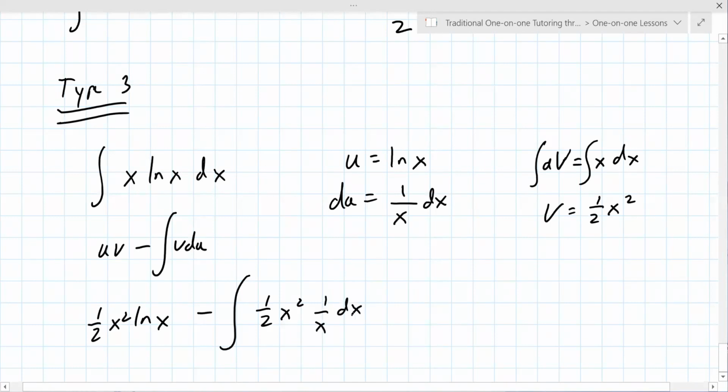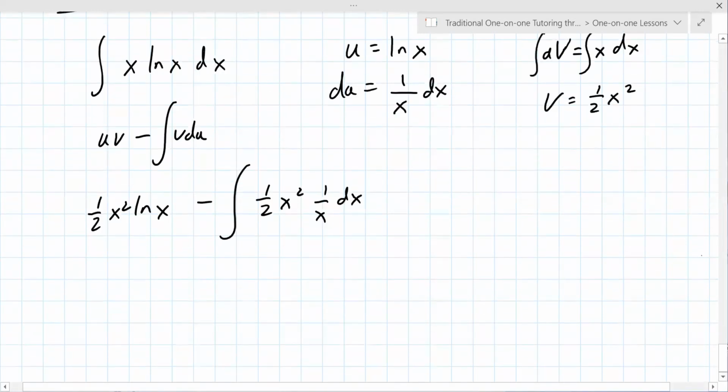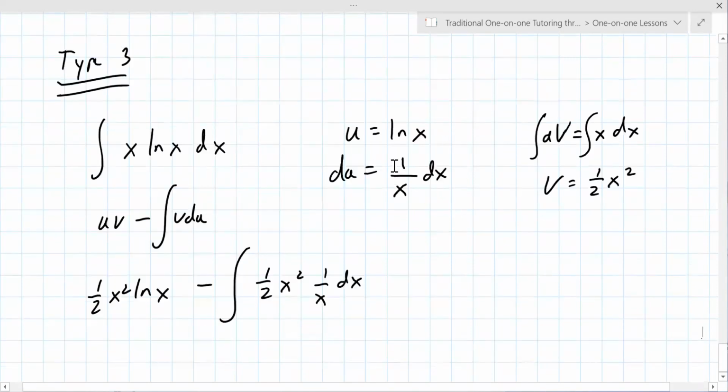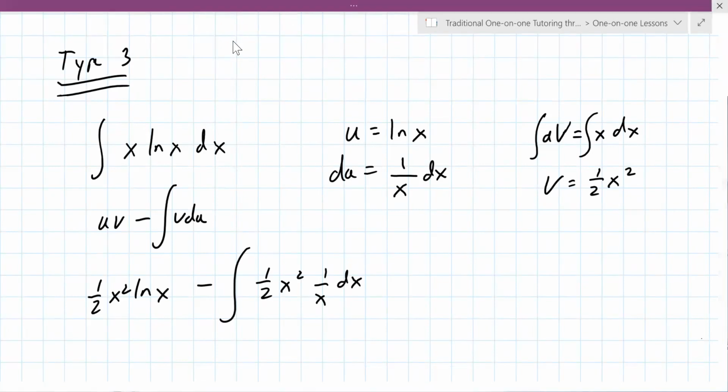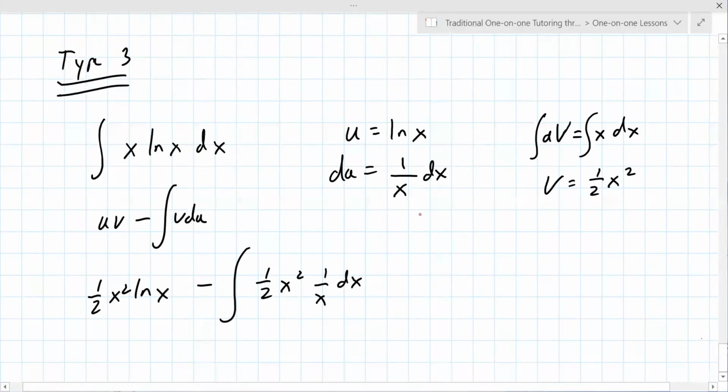You're just substituting in. Is it clear where these came from, how I put these into the formula?